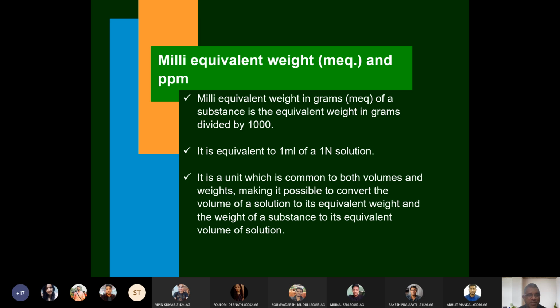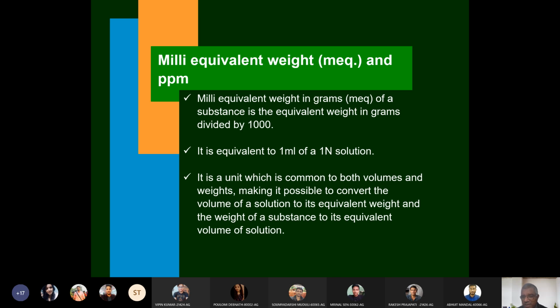The milliequivalent unit is very, very important because in the beginning you take a soil sample or plant sample, a sample in solid form. Then you add certain chemicals, you extract, and the same material comes in volume now. It is not in weight now. Then all kinds of titration or volumetric studies are done.